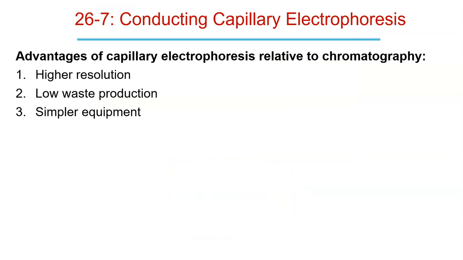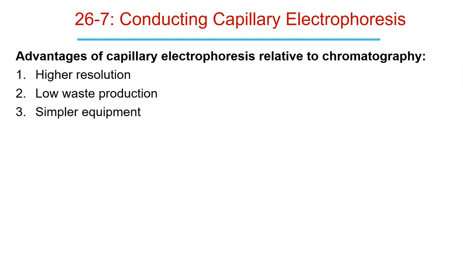Now, again, the advantages in summary to capillary electrophoresis over conventional chromatography, so imagine our reverse phase, is that as we've seen, we have much higher resolution. Remember, we're using teeny amounts, so low waste production. I did years of CE in graduate school, and I also did a lot of HPLC.